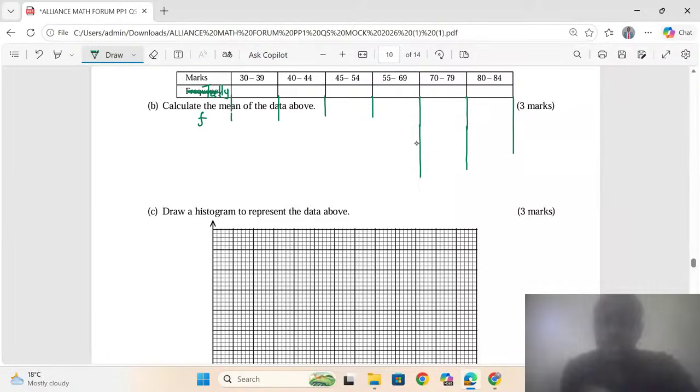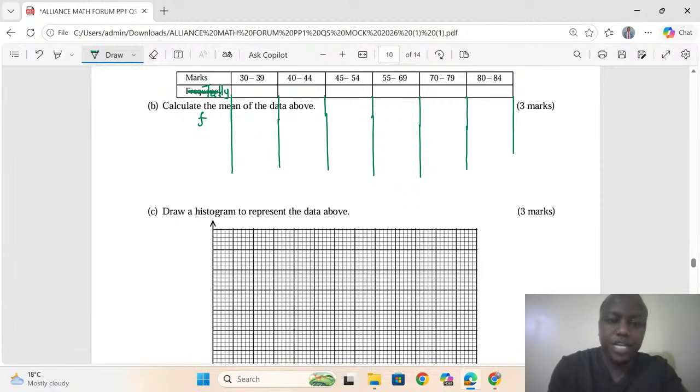This table should be manipulated as much as we can. So we'll be talking about frequency at this point, but we start with a tallying column.